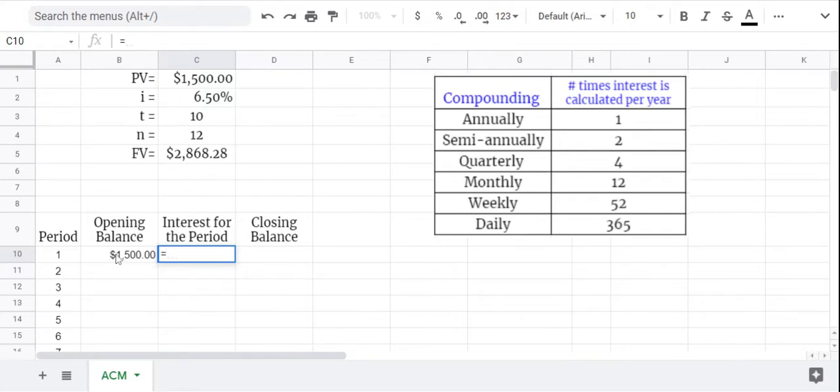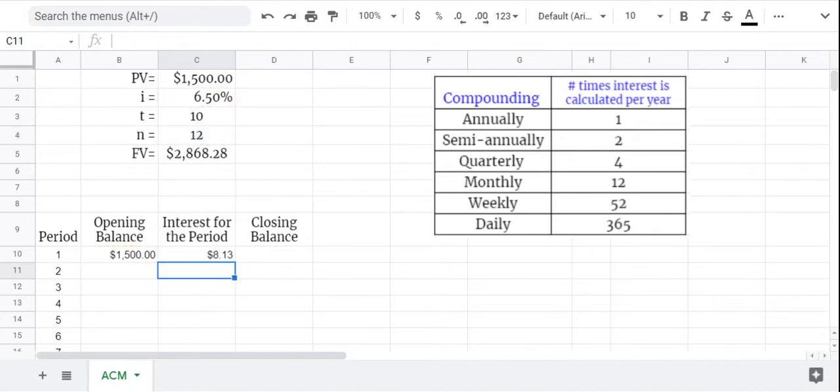It's going to be the opening balance, and I'm going to multiply that by the interest rate for that period. And the interest rate for that period is going to be my interest rate divided by the compounding, in this case 12.